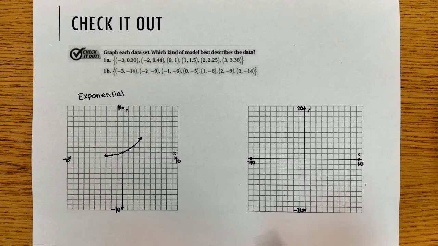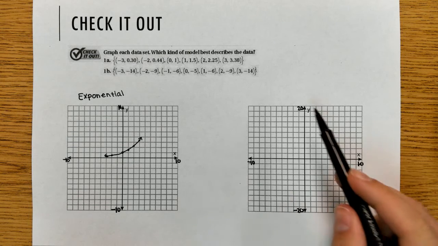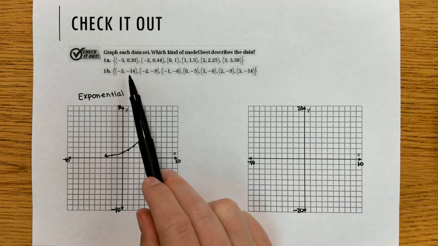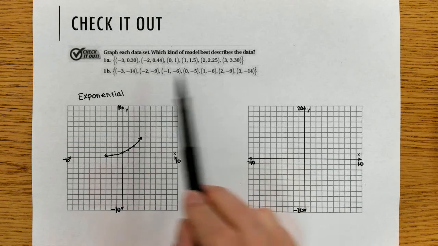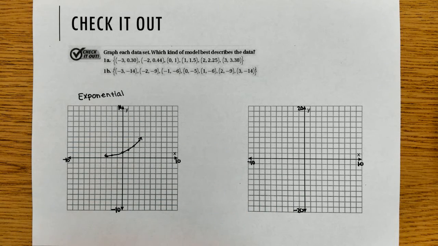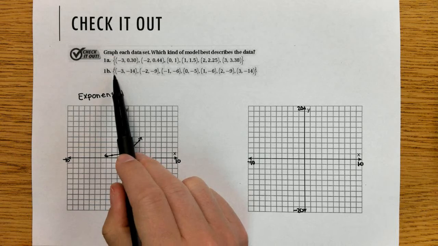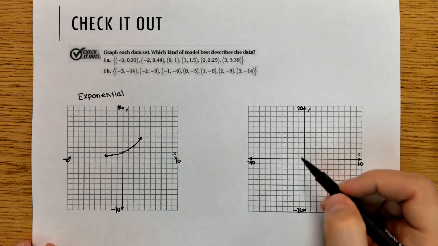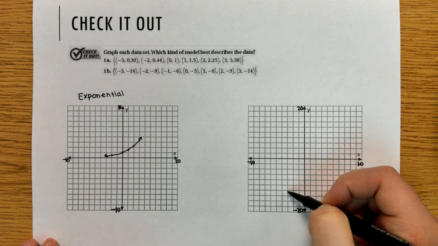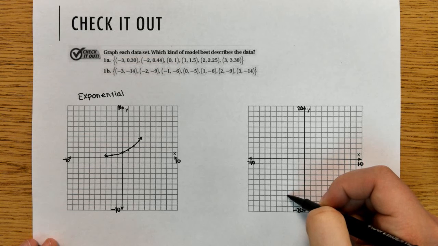Do the same thing, graph. My x-axis I scaled by 1, y-axis I scaled by 2, just because I have 2 coordinates here, the y values that are bigger than 10, so I couldn't scale by 1. So negative 3, negative 14, so left 3 down 1, 2, 3, 4, 5, 6, 7 to get me to negative 14.